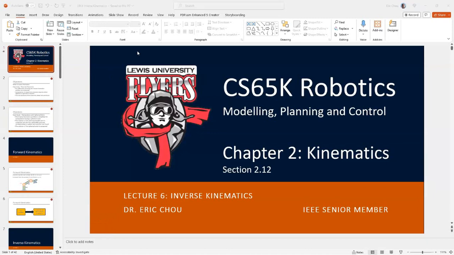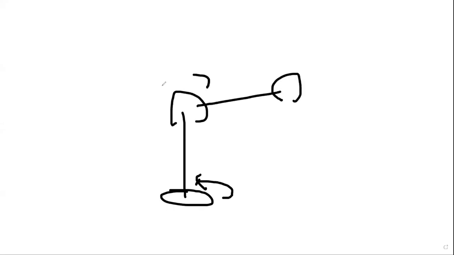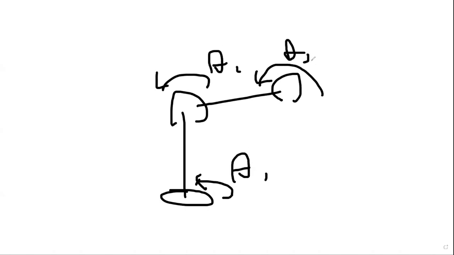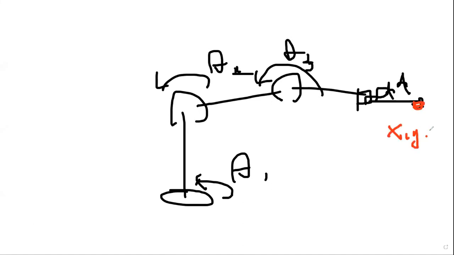So the Denavit-Hartenberg matrix, or homogeneous transform matrix, is based on how much rotation you have, your theta 1, theta 2, theta 3, and d displacement, to determine where your end effector's xyz location should be. This is called forward kinematics.